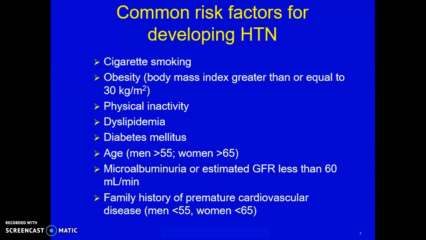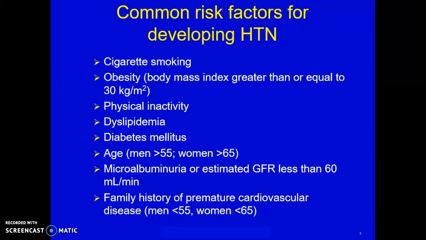Dyslipidemia, meaning that there are high levels of lipids in the blood or high cholesterol levels. Diabetes also contributes to this due to the glucose and the way it affects circulation negatively. Age: men greater than 55 and women greater than 65.